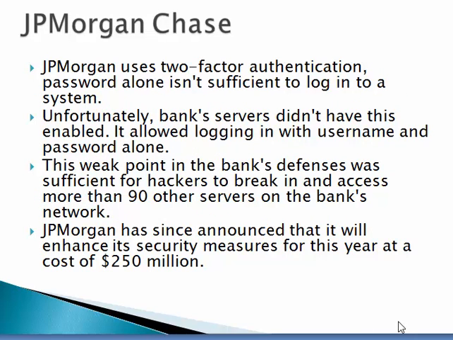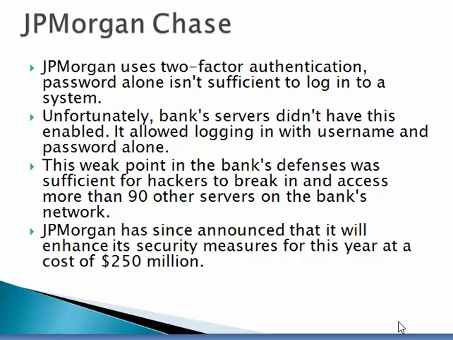Moving in depth and considering JP Morgan as a real-time example, JP Morgan Chase uses two-factor authentication, giving only your user ID and password alone is not sufficient to log into your systems. But unfortunately, this bank had issues with 90 of its servers.